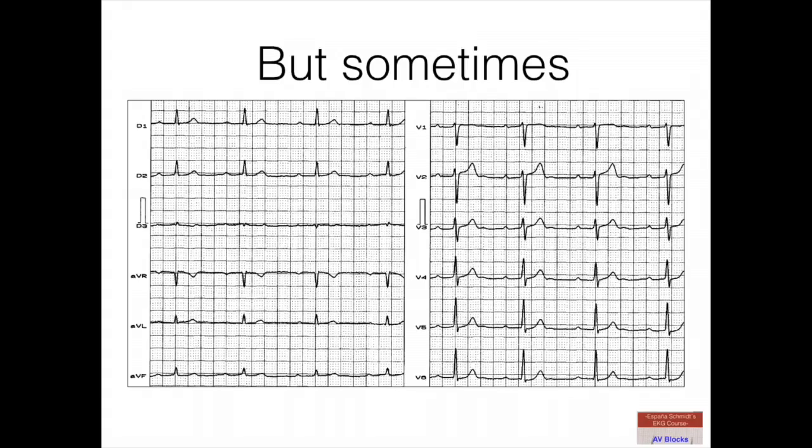But sometimes we see this. It strikes my eye that the P waves are coming way before the QRS complexes. So let's try to figure this out methodically. As I always say, the first thing is to consider if the rhythm is sinus.